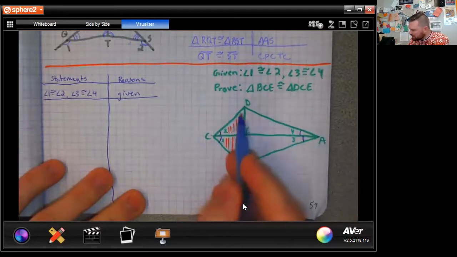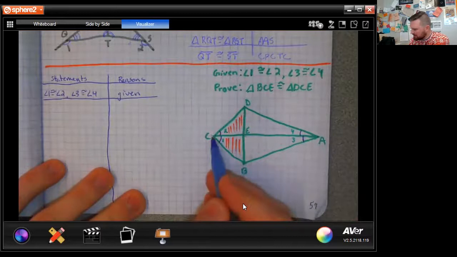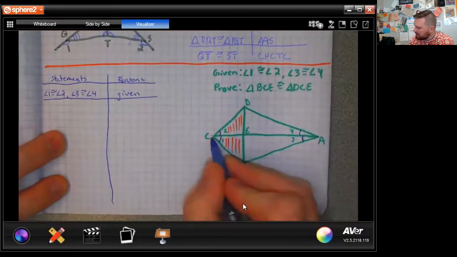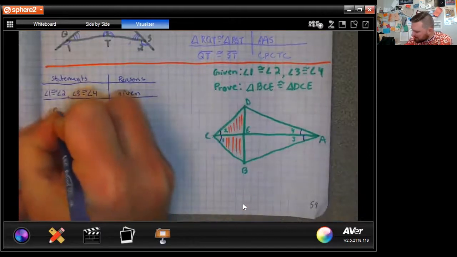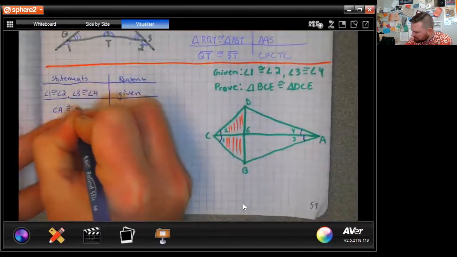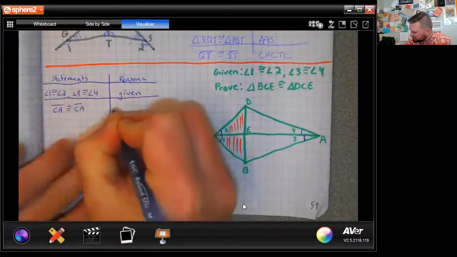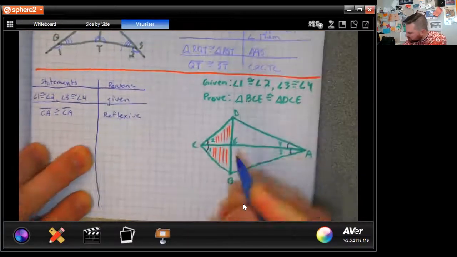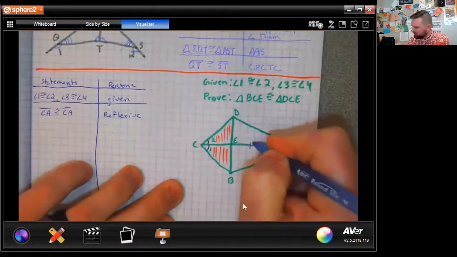Okay, so these big triangles both share CA. And we notice here that these two little triangles share CE. So I'll use that together. Okay, so CA is congruent to segment CA. That is reflexive. So CA, so this big one here.